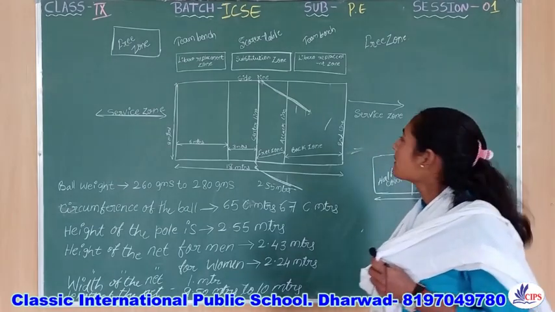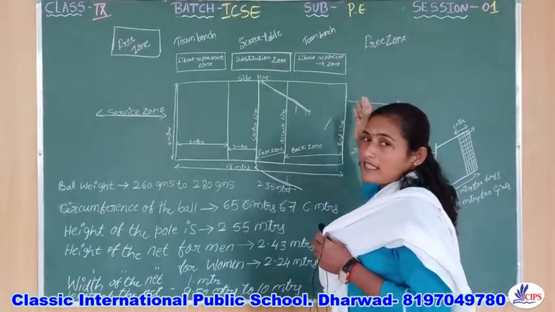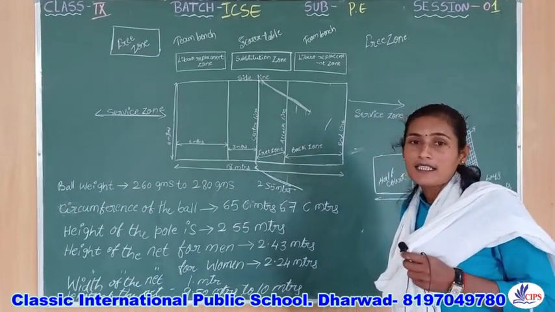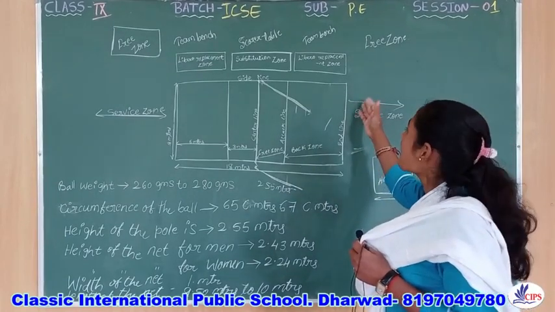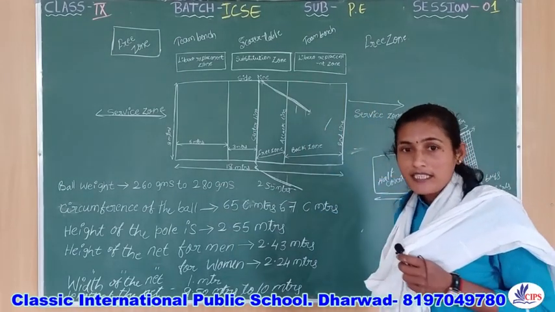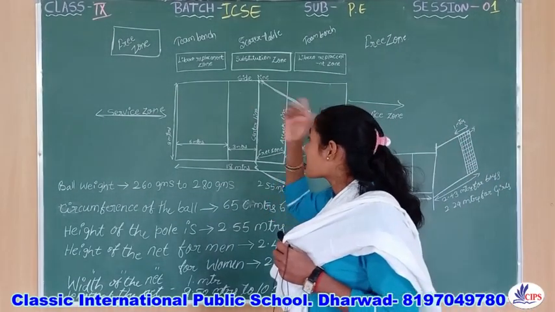Now listen to me. On this side there are 6 players. One of the players is serving the ball behind the end line or back boundary line. The ball is going across the net.